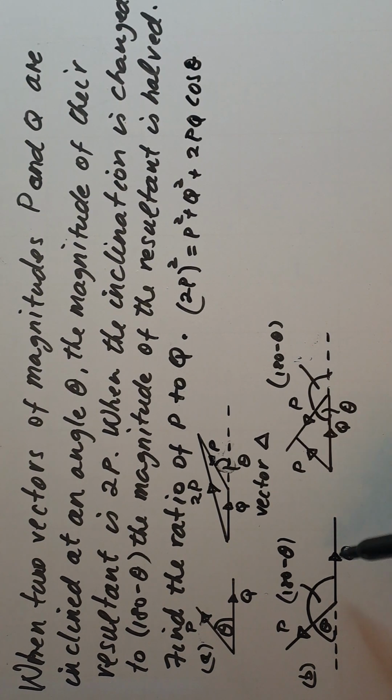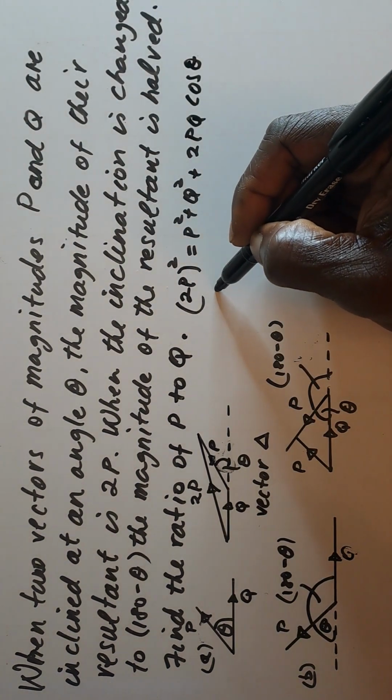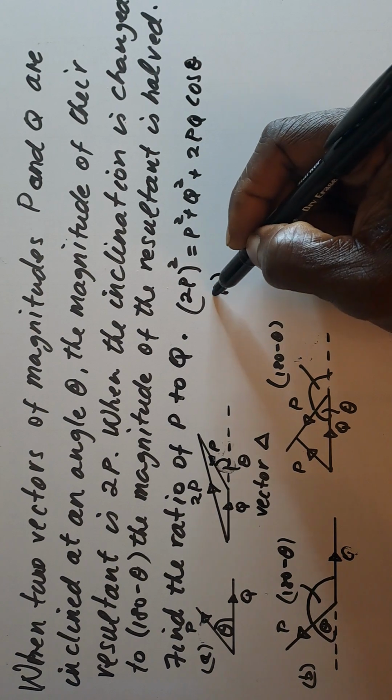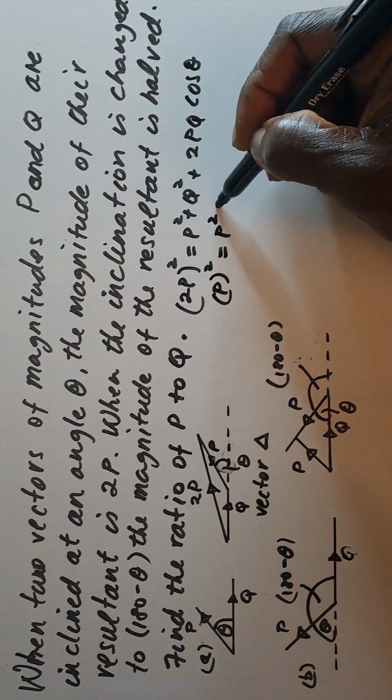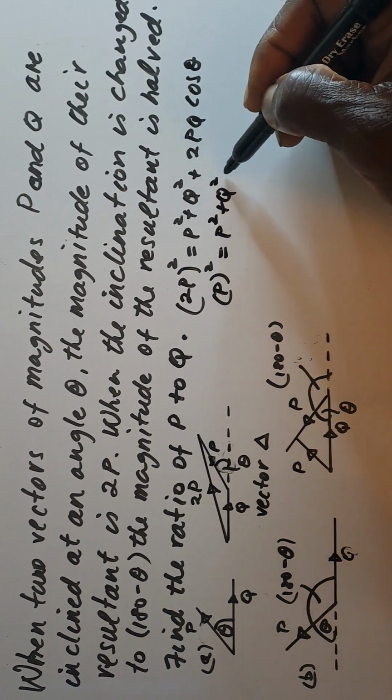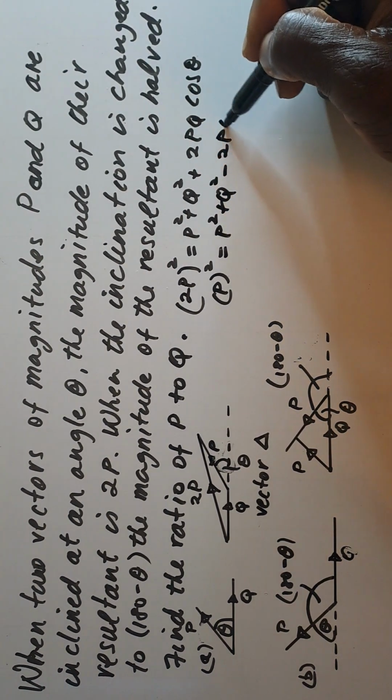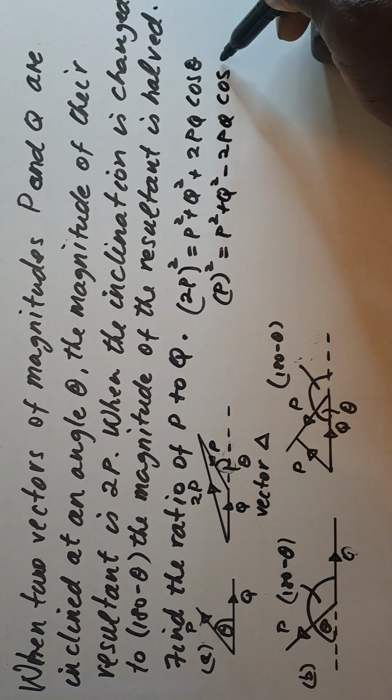And for diagram B, we have p squared equal to p squared plus q squared minus 2pq cosine theta.